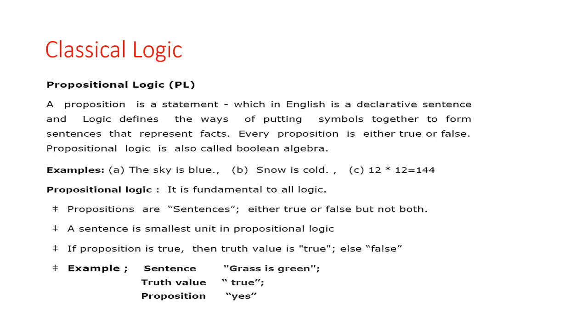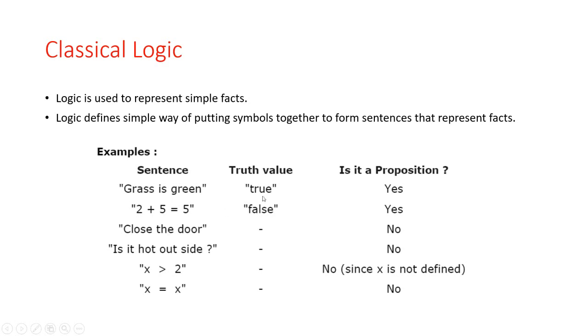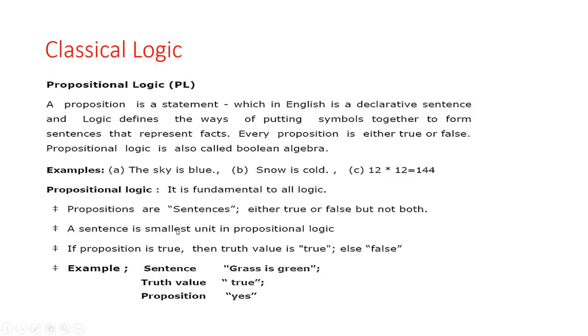If the proposition is true, then the truth value is true, else false. For example, grass is green: truth value is true, proposition is yes. Here also, these two sentences above are propositions and the rest of the sentences are not propositions. Clear?